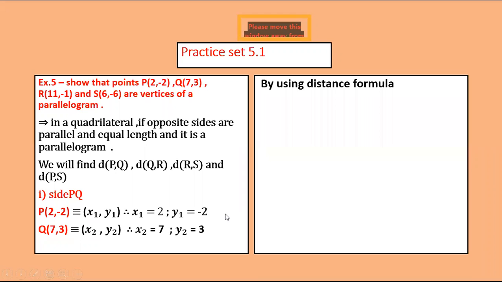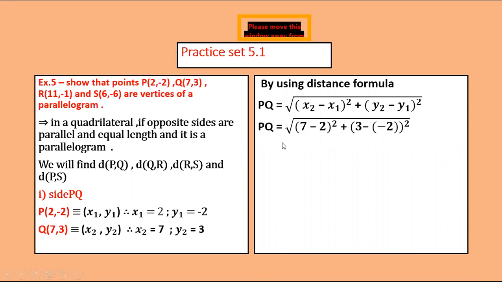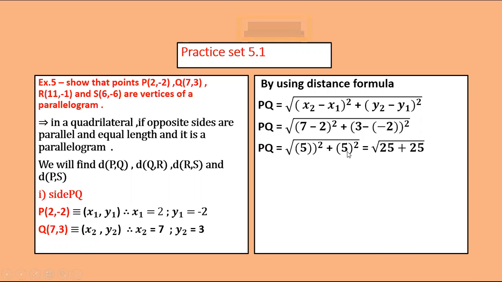By using the distance formula, PQ is equal to square root of (x2 - x1) square plus (y2 - y1) square. Substitute the values. PQ is equal to square root of (7 - 2) square plus (3 - (-2)) square. 7 minus 2 is 5, square; 3 plus 2 is 5, square. 5 square is 25, plus 25.